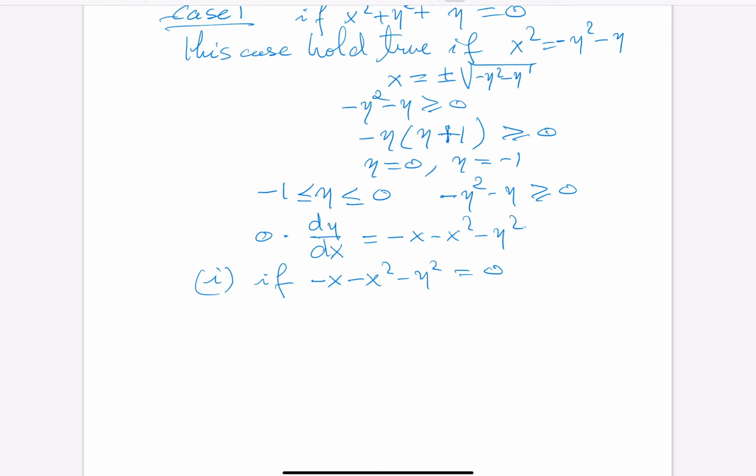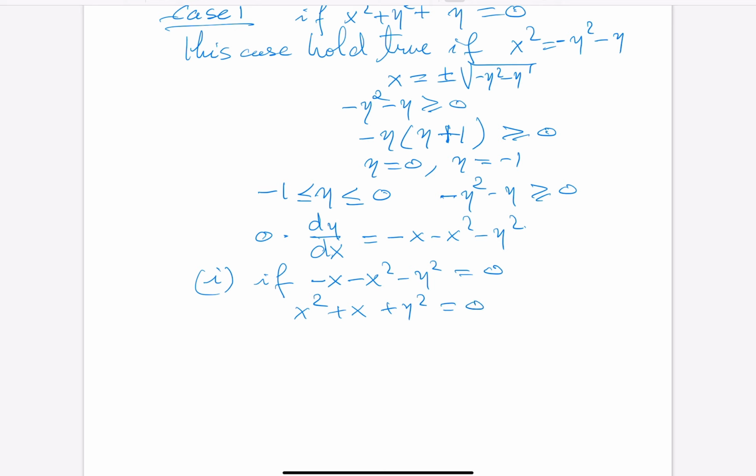We can get this. This one is just if you multiply both sides by negative 1. If you multiply both sides by negative 1, what do you get? You will get x squared plus x plus y squared equals 0.